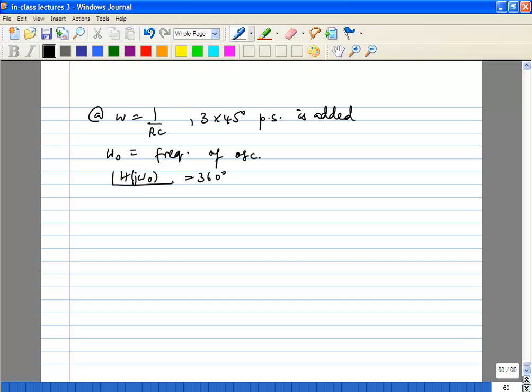We know this condition has to be satisfied: pi minus 3 tan inverse of omega over omega p. That is the phase added by each one of these at any frequency omega naught, and this we want to be 2 pi.